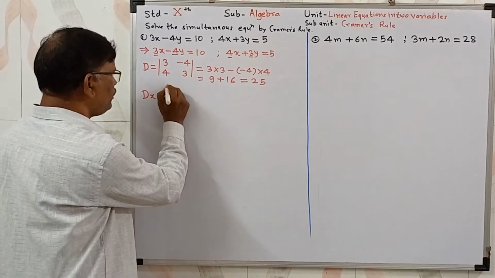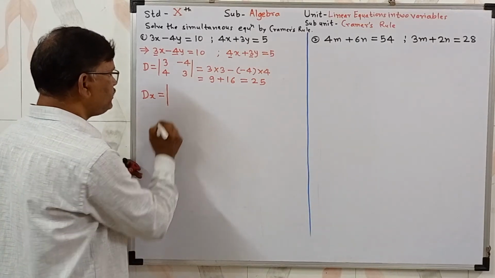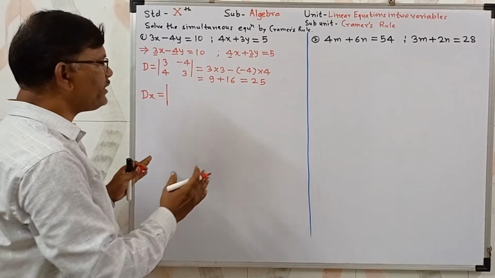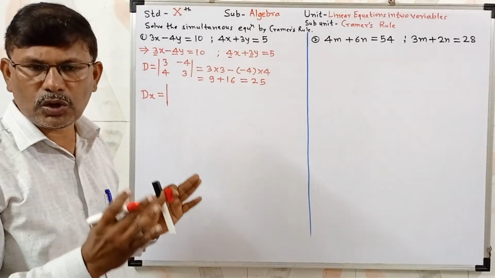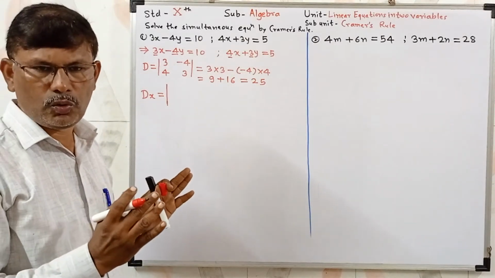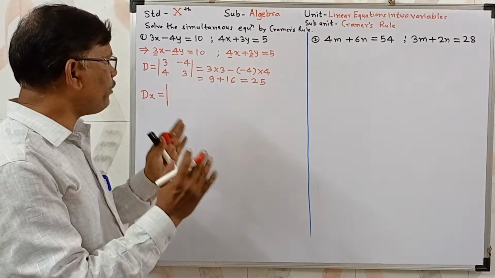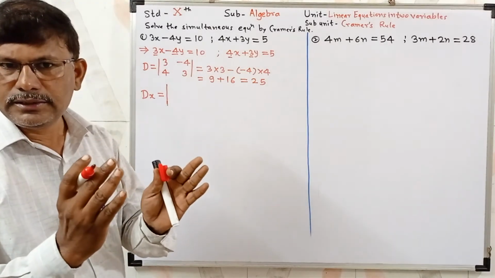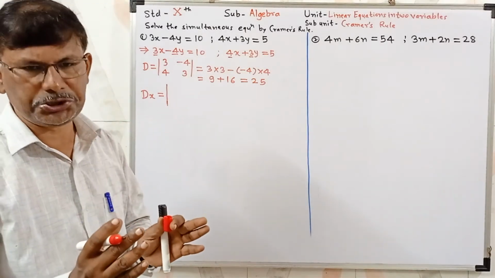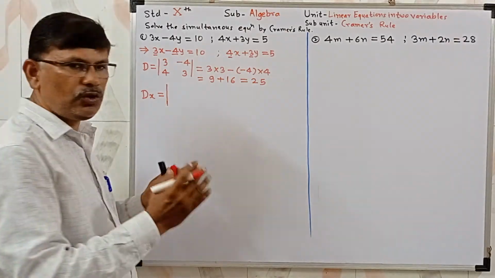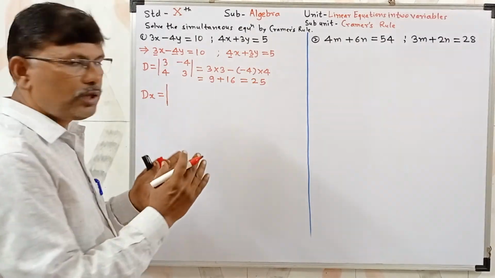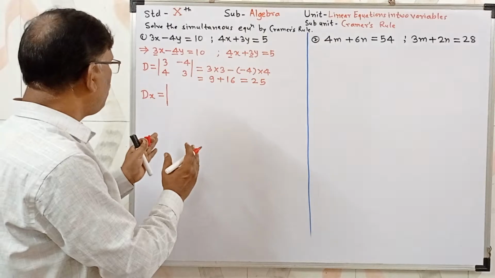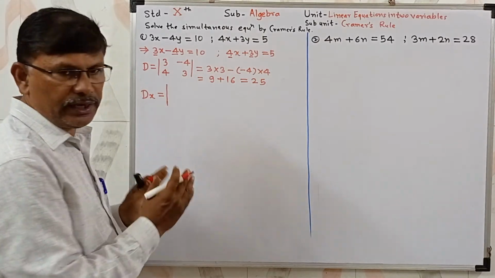In the same way we find out Dx. In D we have the columns a1, a2 and b1, b2. In Dx we omit the column a1, a2.